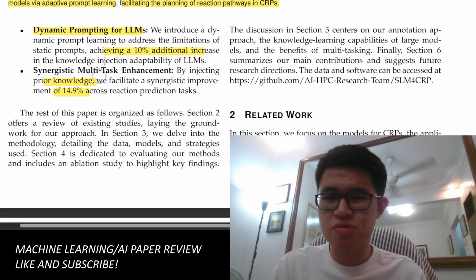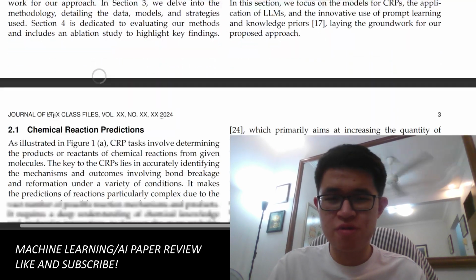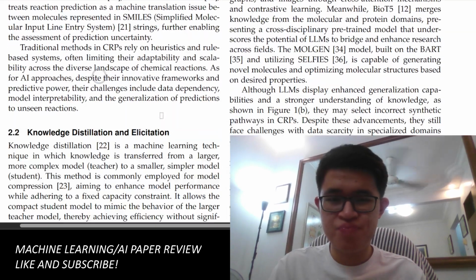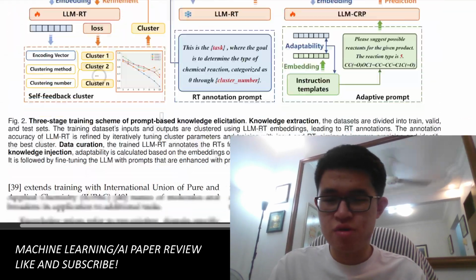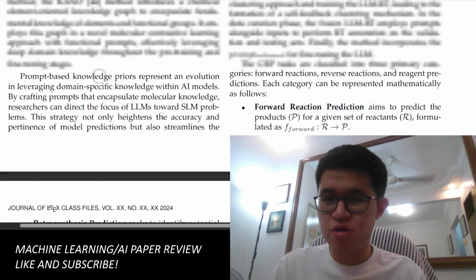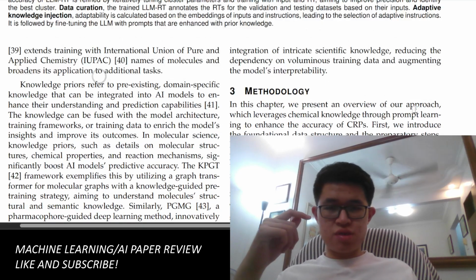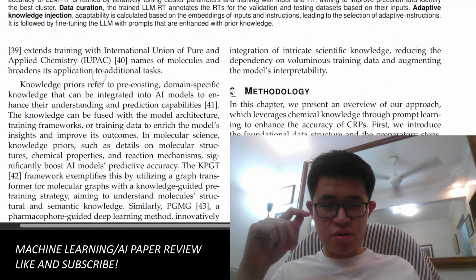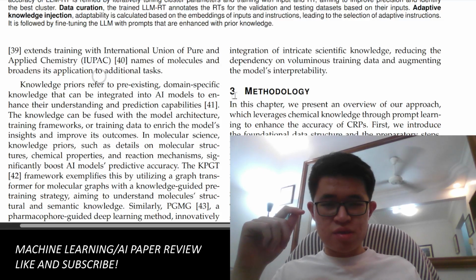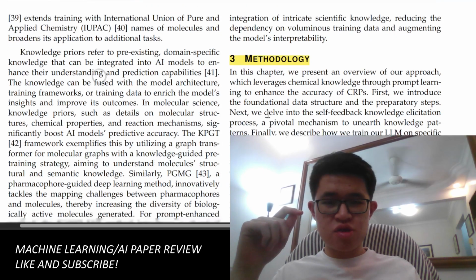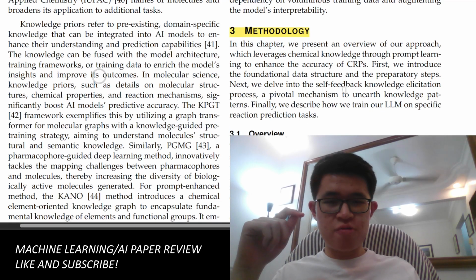So what I'm going to do right now is probably just go through their methods. Okay, so let's go through their methods right now. In this methods section, they were talking about their approach.